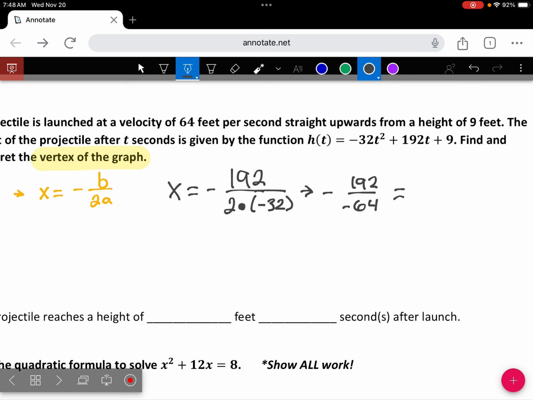When in doubt, type it in the calculator. Oh, it equals negative 3. Careful. It's not. Oh, it's positive. Thank you. I've got a negative out in front and a negative down the bottom. The negatives cancel out. We have a positive 3.